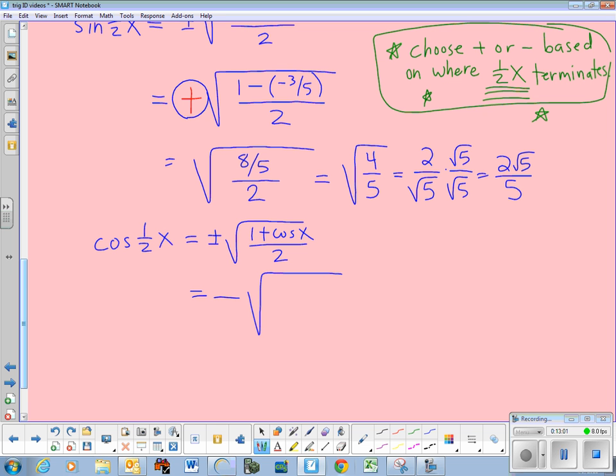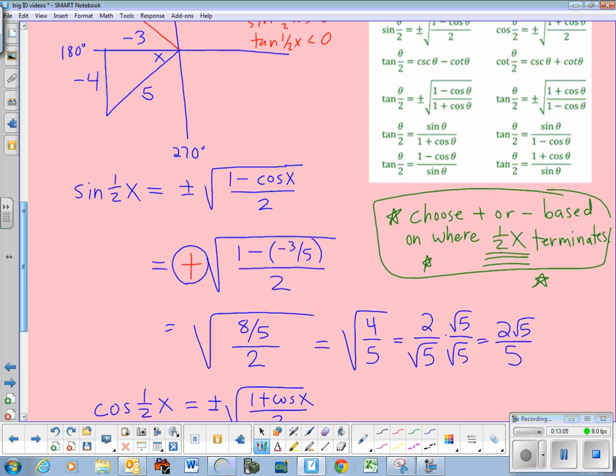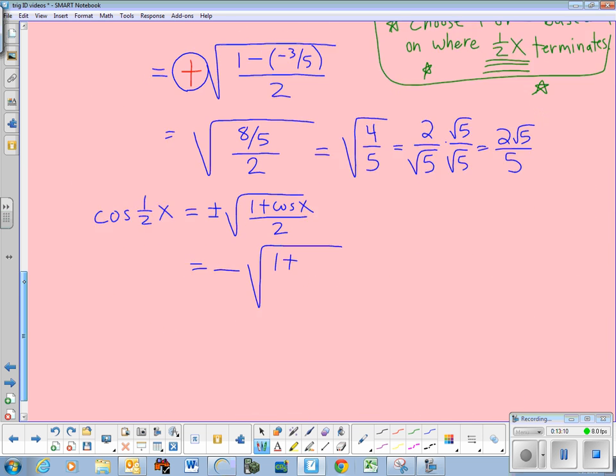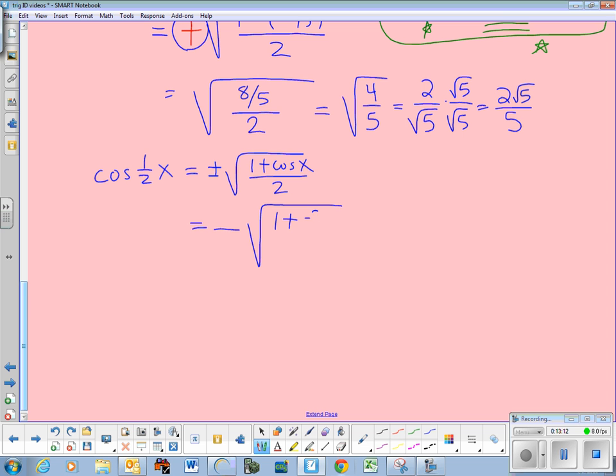Negative square root of 1 plus the cosine of this angle, which is negative 3 fifths. That was actually the given information a long time ago. And it's the negative 3 fifths I just used in my last part.